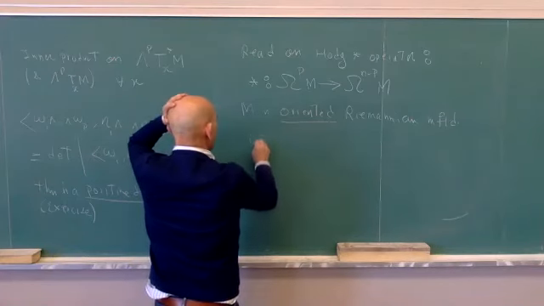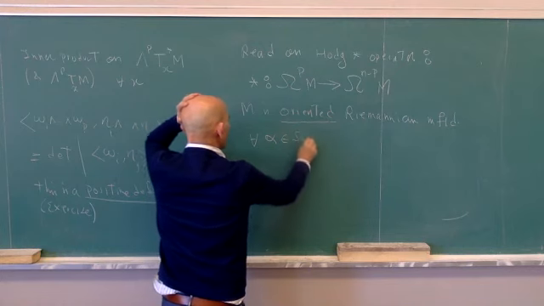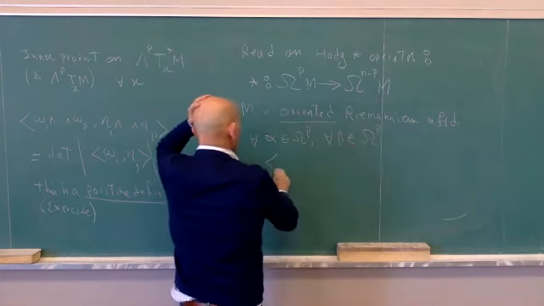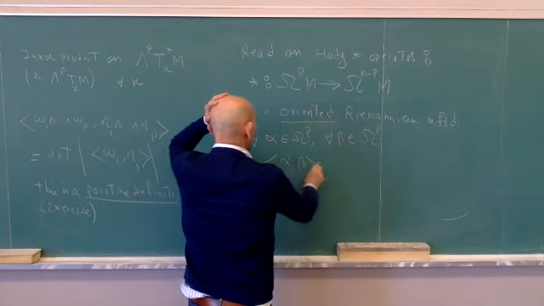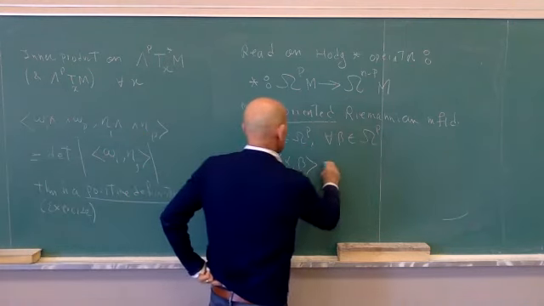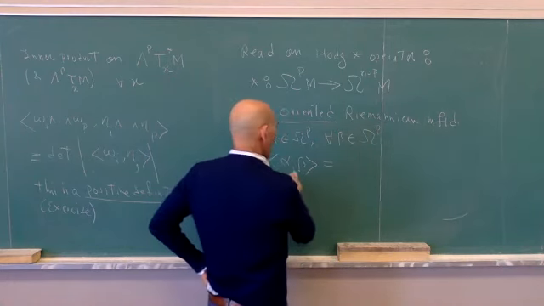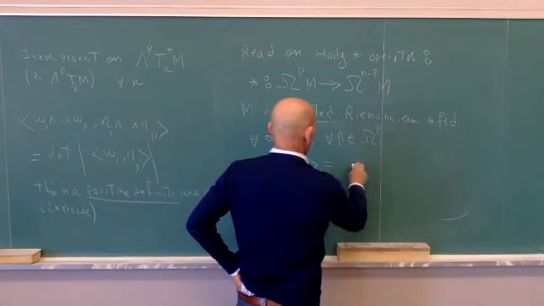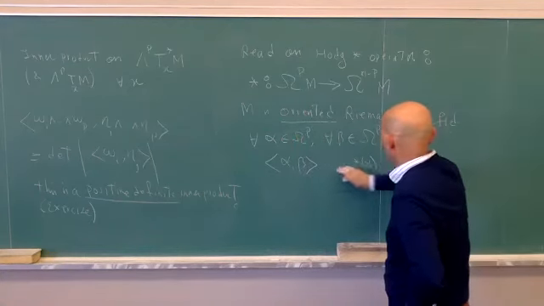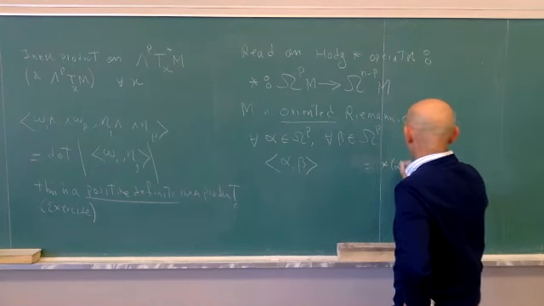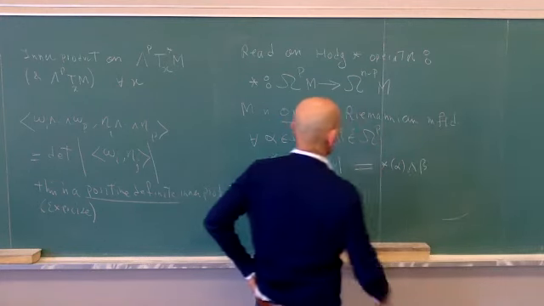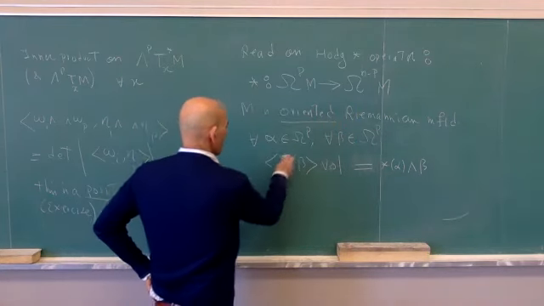It's defined for any alpha belonging to Omega^p, for any beta belonging to Omega^p, the inner product of alpha and beta, which is defined pointwise by this thing, is equal to star of alpha wedge beta, and here I put 1.